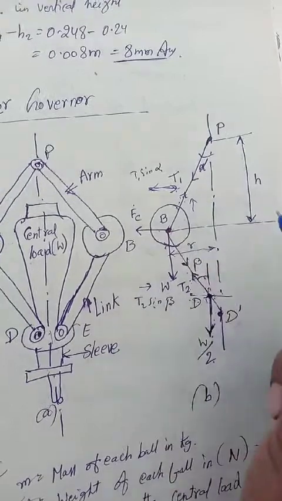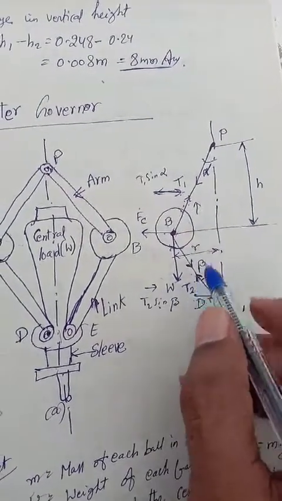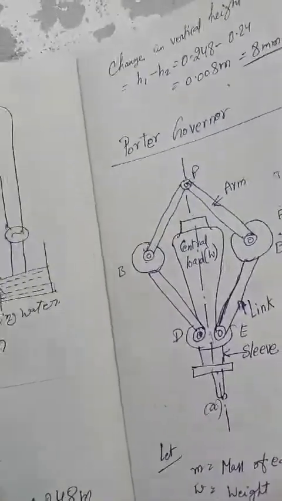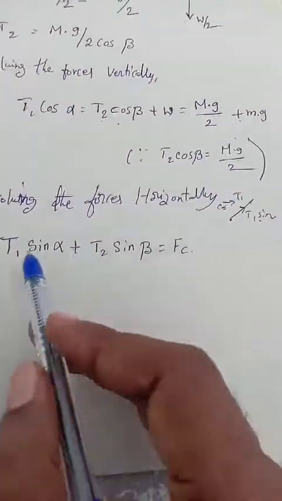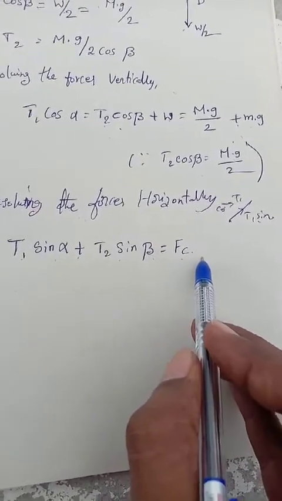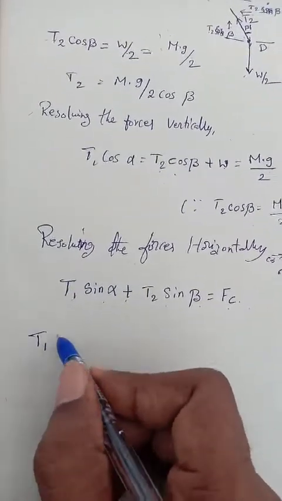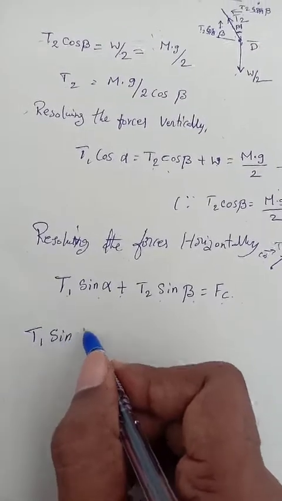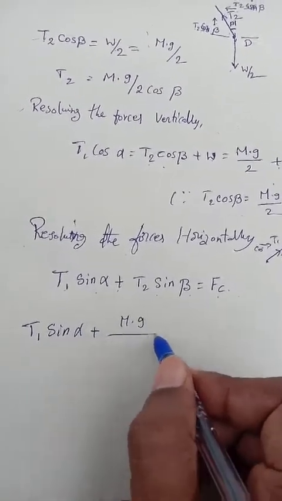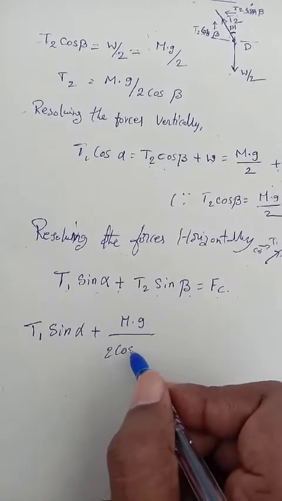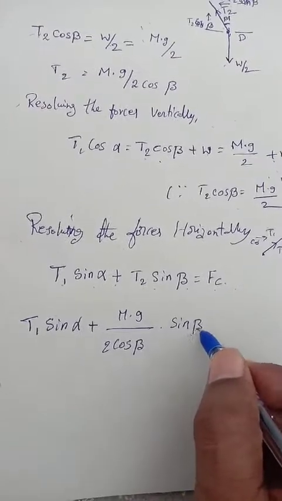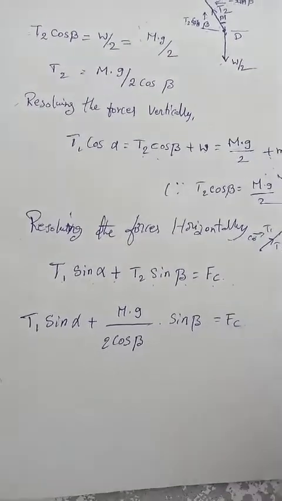Two forces are in the forward direction, and one force is acting in the negative direction. So T1 sin alpha plus T2 sin beta is equal to Fc. Here T1 sin alpha plus T2, which we know is Mg divided by 2 cos beta, into sin beta, is equal to Fc.